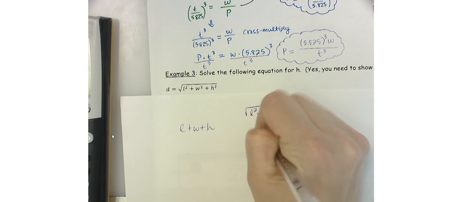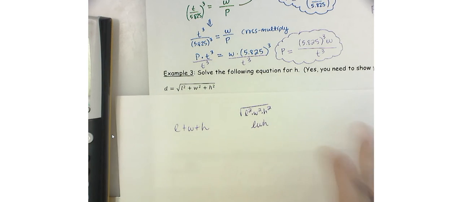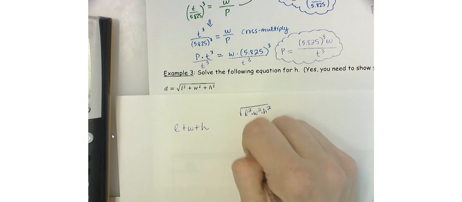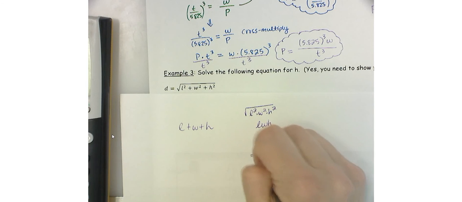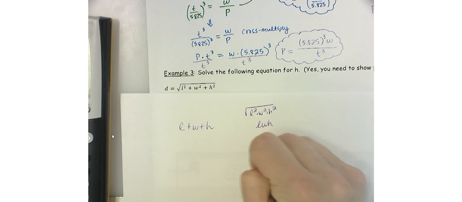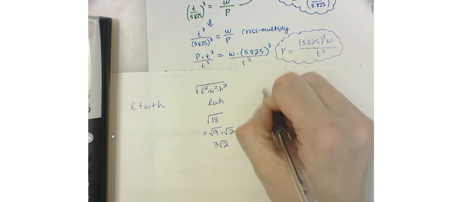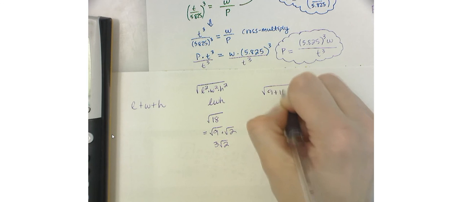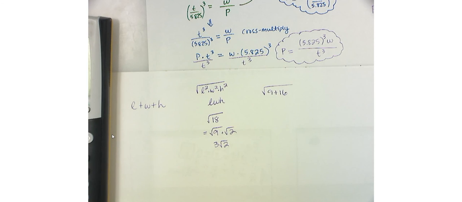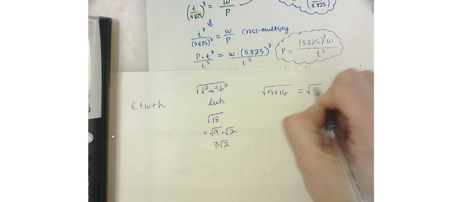The square root of 9 is 3, the square root of 16 is 4, and we know that does not equal 5. So when you have addition, you cannot break those apart. Remember, we just talked about radicals. Radicals are all about factors. If you're adding them, then you don't have the factors, you have a sum.